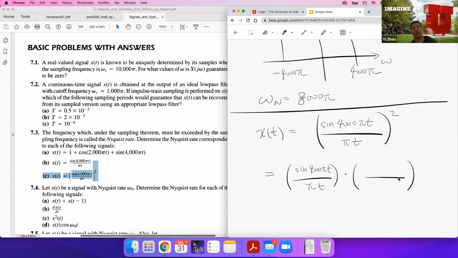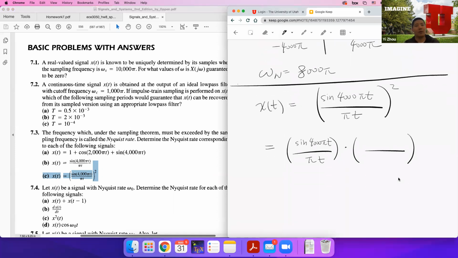If we take the Fourier transform on both sides, we have a property of the Fourier transform saying that the Fourier transform of a product of 2 signals equals taking the Fourier transform of each signal and then performing a convolution between them. That's the multiplication property.